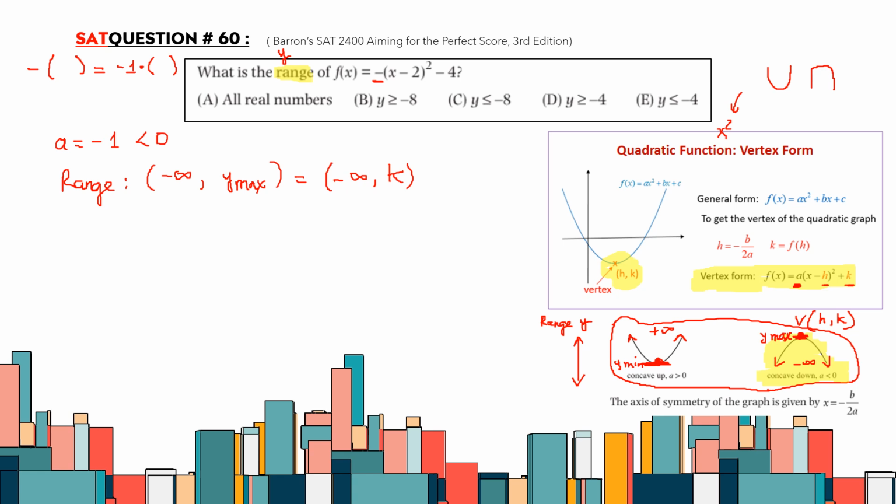Now let's figure it out. When you write down a(x - h)^2 + k, the formula, we can see that a is -1 and h is 2. So what is k? Remember, in front of k is a plus sign, so the -4 has to be in parentheses.